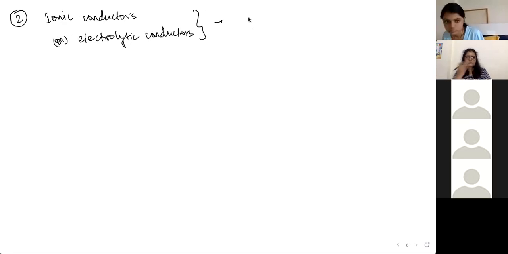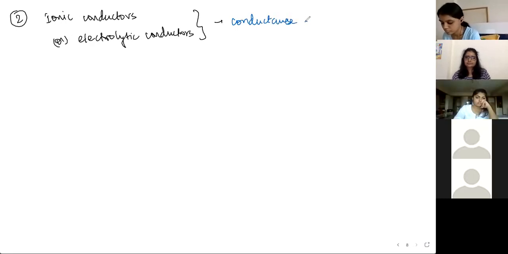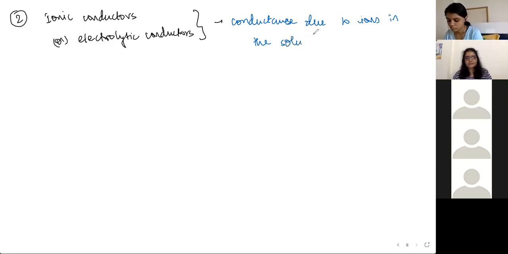They were the ones carrying the current. In this case, what is the conductance due to? Ions. You'll see this a lot in solutions like polar solvents, where ions like salts are mixed in that can carry current. Just like the previous type, what all does this depend on?